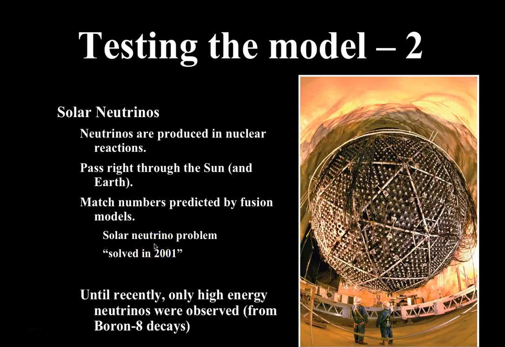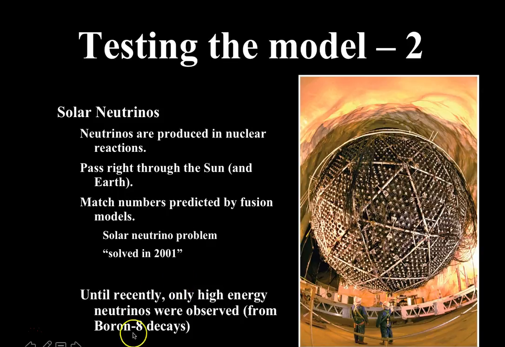Maybe because I could understand Hans Bethe better, even with his thick accent. But at any rate, the solar neutrino problem was figured out, and now it isn't a problem, sort of.